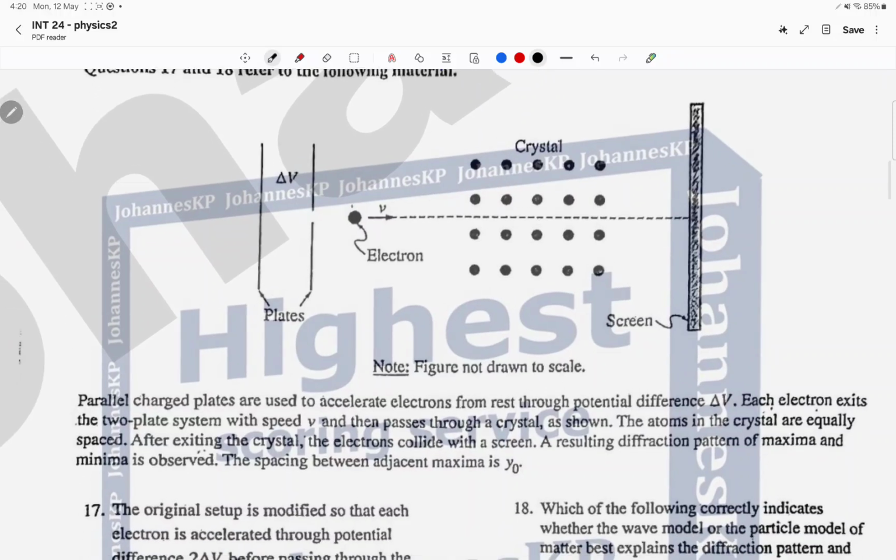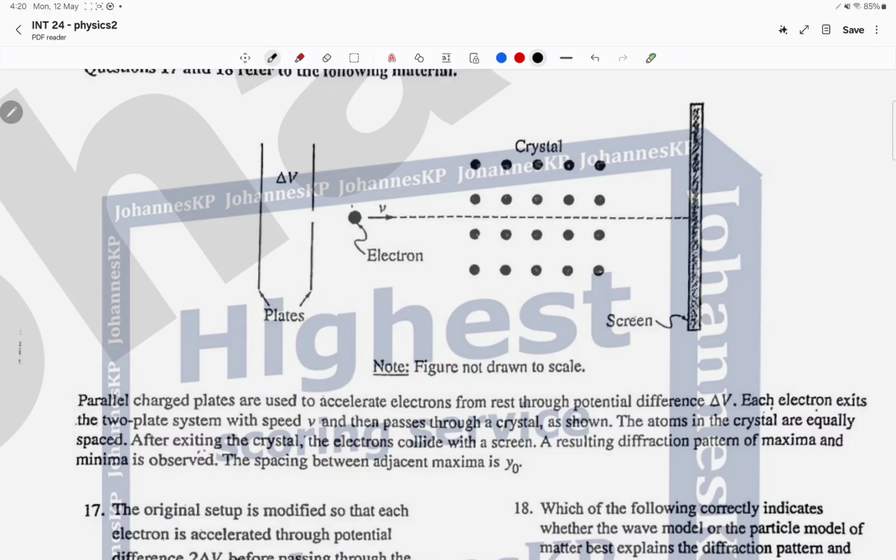Okay, 17. An electron is being accelerated by a potential difference. The electron will exit the two-plate system with a speed of v and pass through a crystal. The atoms in the crystal are equally spaced. After exiting the crystal, the electrons collide with a screen.